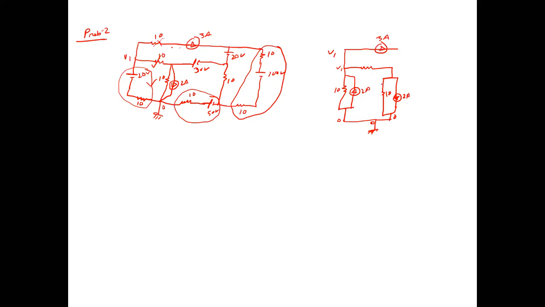Okay, 2 ampere. This part is finished. This name, suppose V2. Okay, and so this part is finished. Now V2 has only 30 volt.